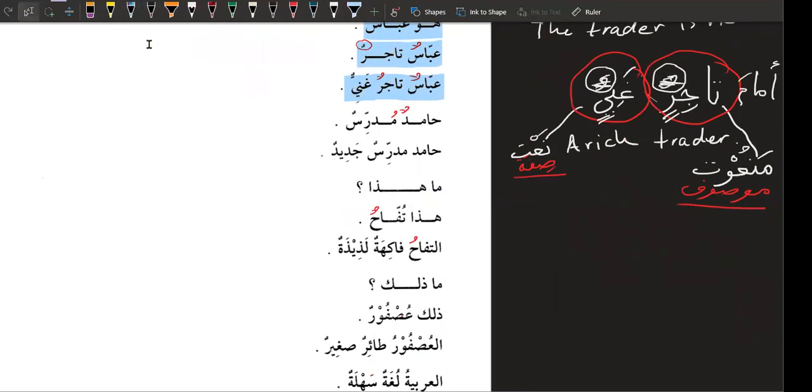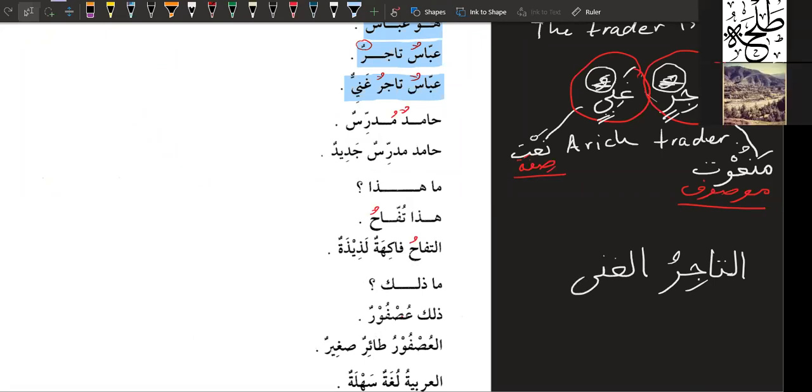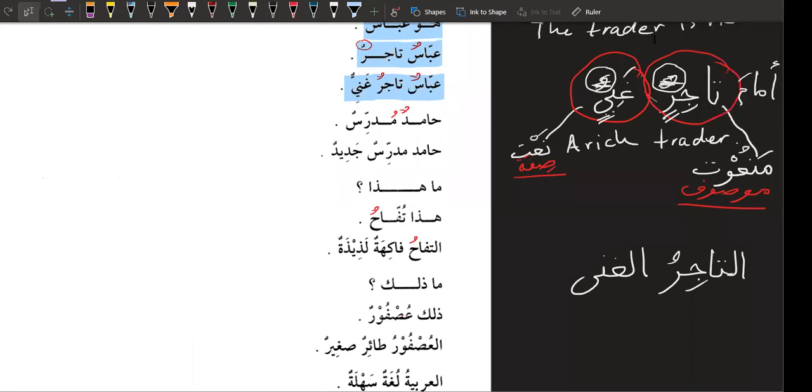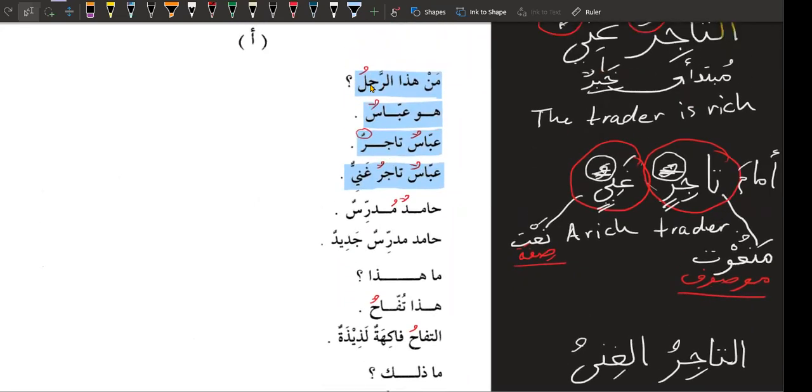So this works. If we were to say التاجر الغني. If we look at the one above, we say التاجر غني, the trader is rich. تاجر غني, a rich trader.